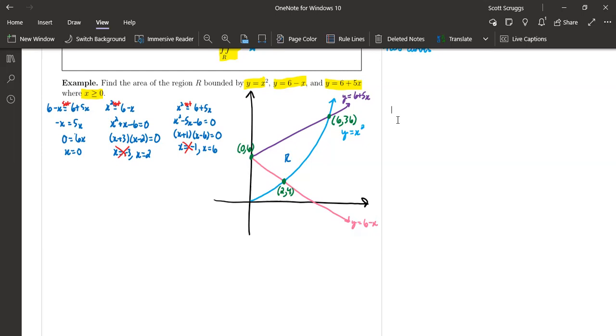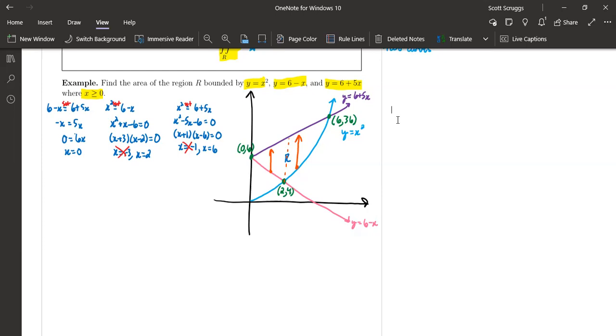With that in mind, the one thing that I want to keep a note of immediately is the following. With respect to x, notice that going from curve to curve, with respect to y, I have two different types of orders for my curves.